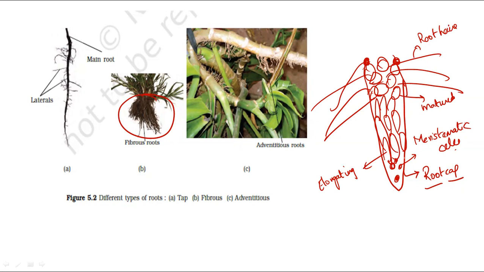This is the region of meristematic cells. And the region where the cells are elongating is called the region of elongation. And then we have the region of maturation, and then we have epidermal cells and root hair.